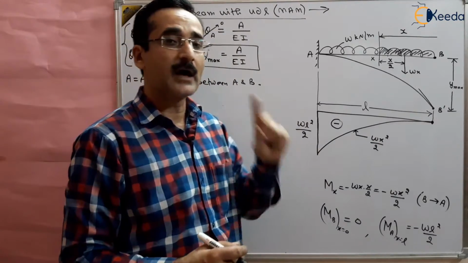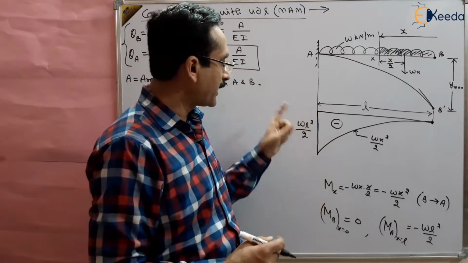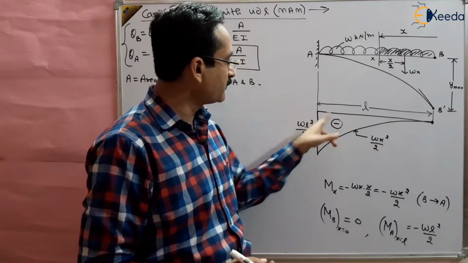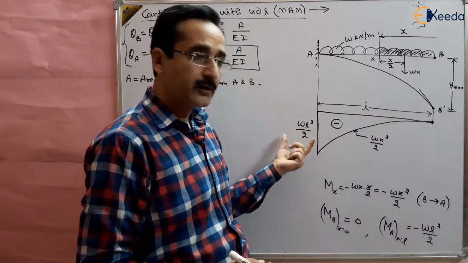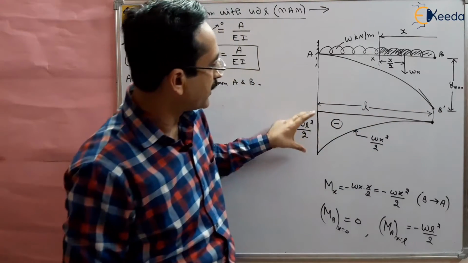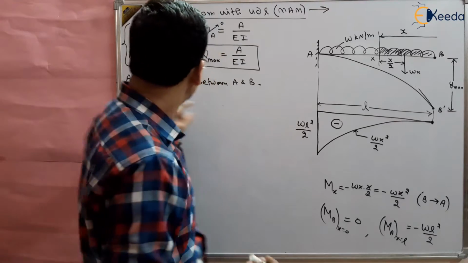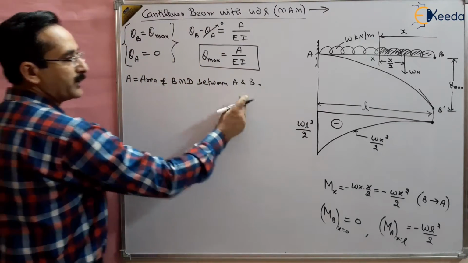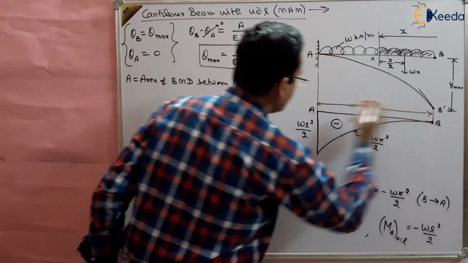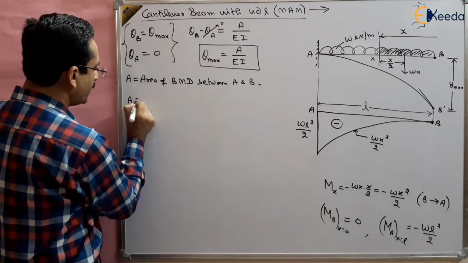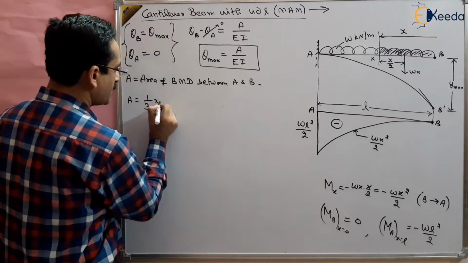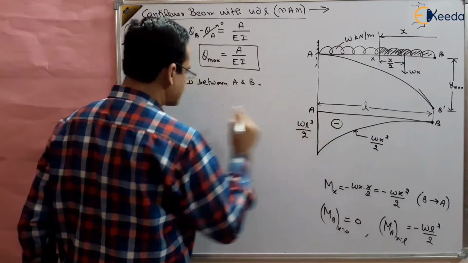So the area between A and B will be 1/3 of the base, which is L, multiplied by the height, which is WL square by 2.